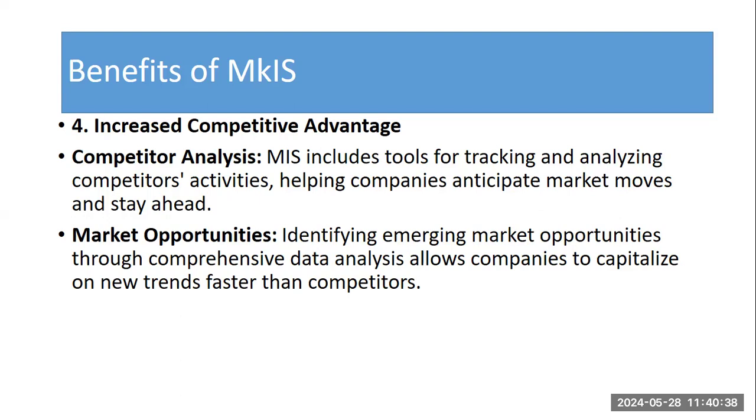Then the company can understand this is a new trend in the market, but there is no solution provider. If no competitors are providing the solution, then they can make use of that opportunity immediately to get the competitive advantage or customer advantage. So that's why, by using the marketing information system, they can increase the competitive advantage in the market.